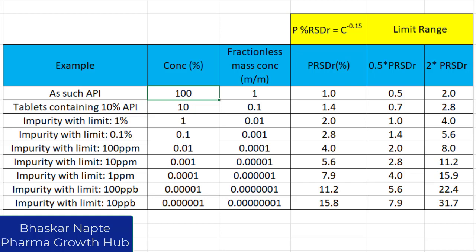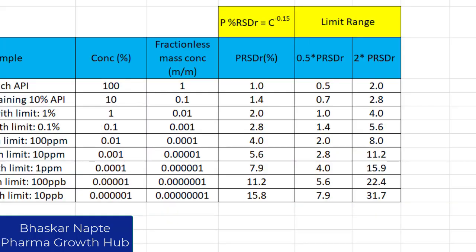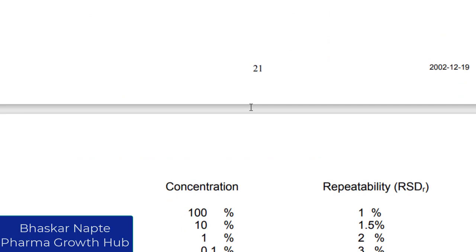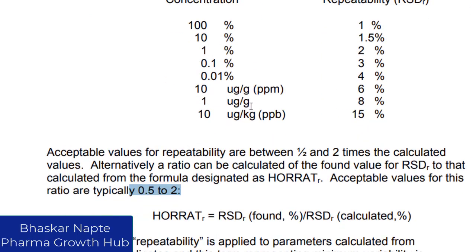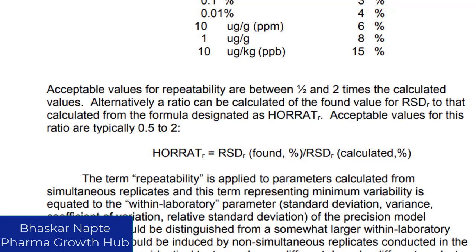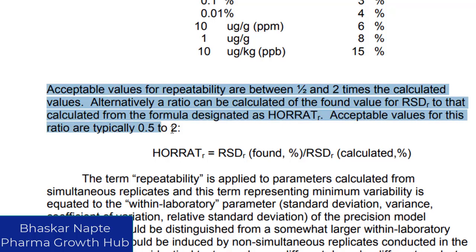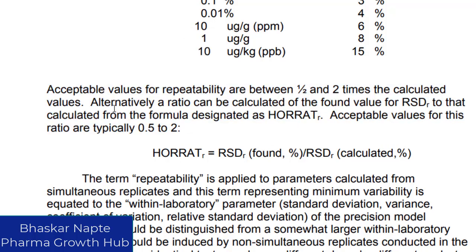Now the next point is very important, that I have given as the limit range. So from where has this limit range been derived? For that reason I again need to bring back the guideline. Now on to page number 22. This particular paragraph is very important. What this paragraph says is, the acceptable values for repeatabilities are between 1/2 and 2 times the calculated values.